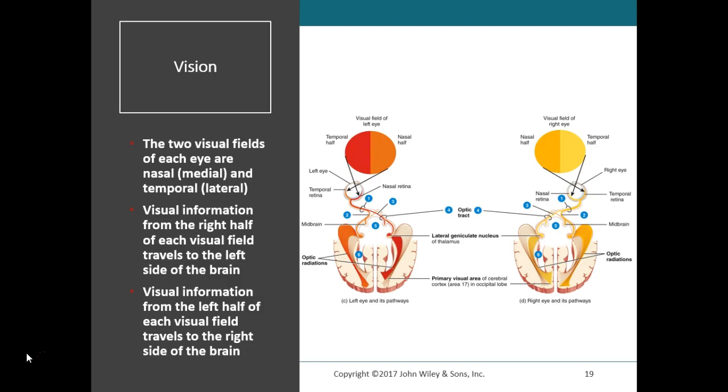Those neuronal pathways from the optic tract, the optic nerves, lead back to the primary visual areas and to the visual association areas in the occipital lobe. There are smaller areas also in the parietal and temporal lobes that help to process visual stimulus as well, and to make sense of it, to relate it to things that we know.